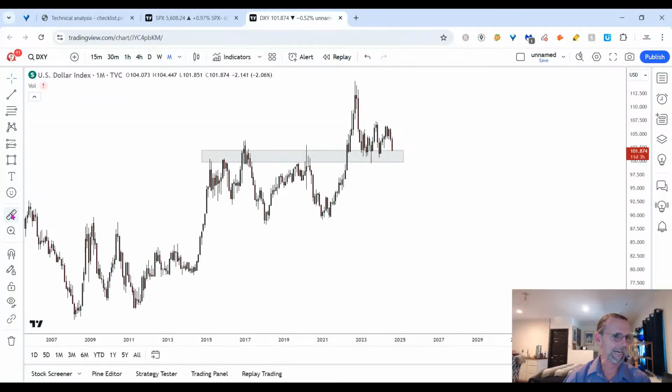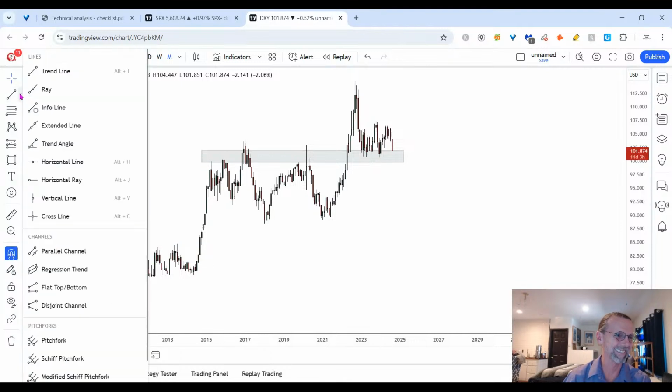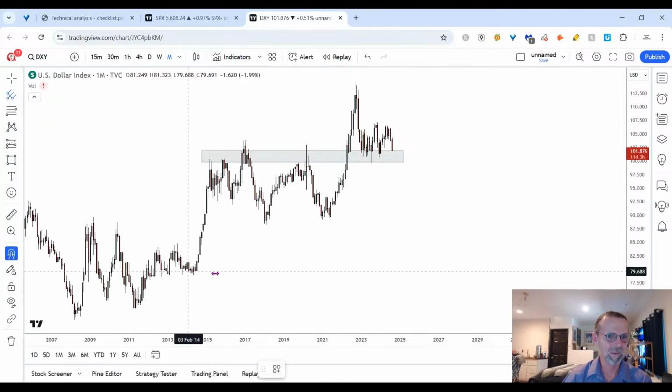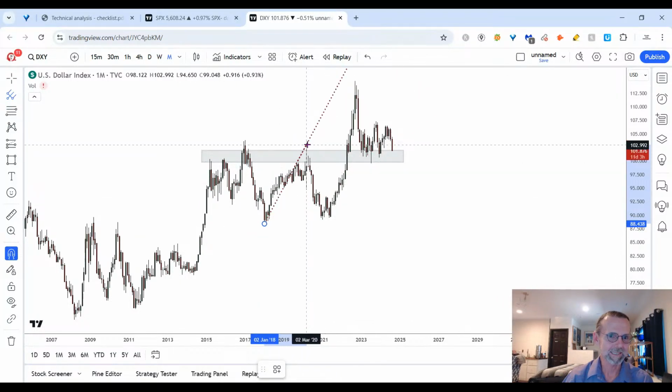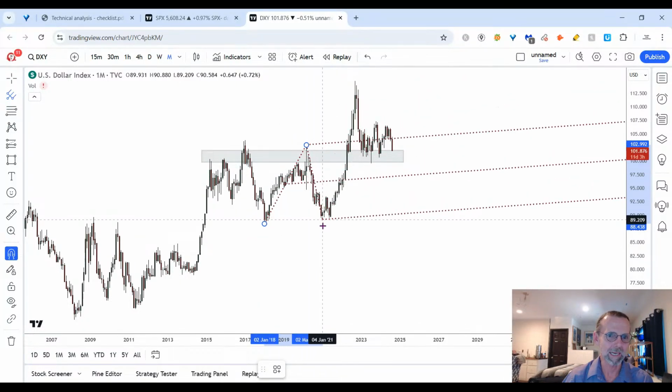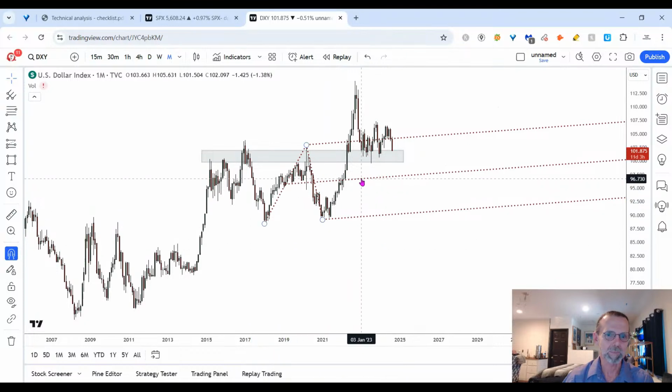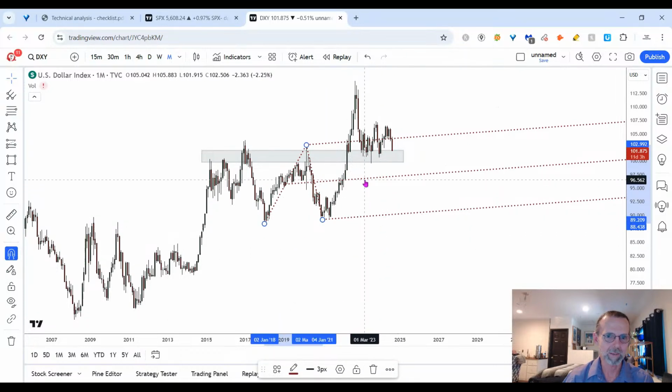I'm doing technical analysis the way I do it, which these days is kind of what catches my eye first, and then I spend some time examining that and see where I go.